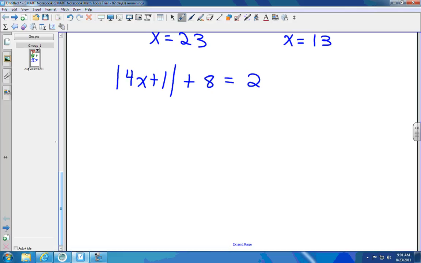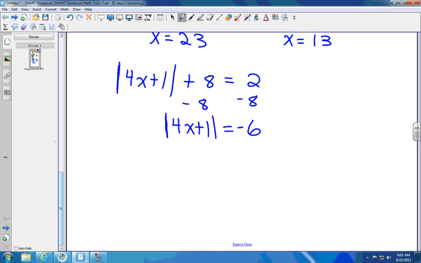Here's another rule. You cannot split that up into the two things until the absolute value is the only thing on one side. So first you've got to move the 8 in this case. This has to be by itself before you split it up. So how would we move the 8 over? Subtract the 8. So we have absolute value of 4x plus 1 equals what?